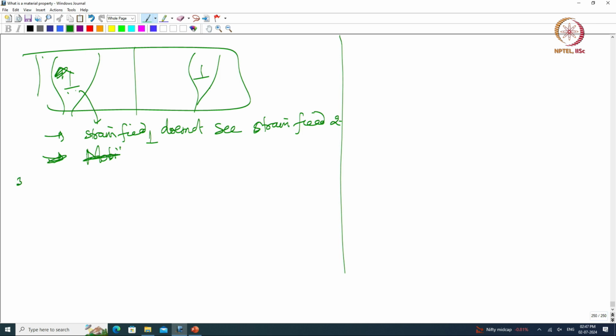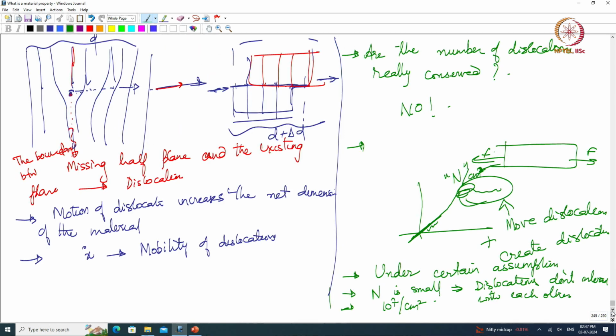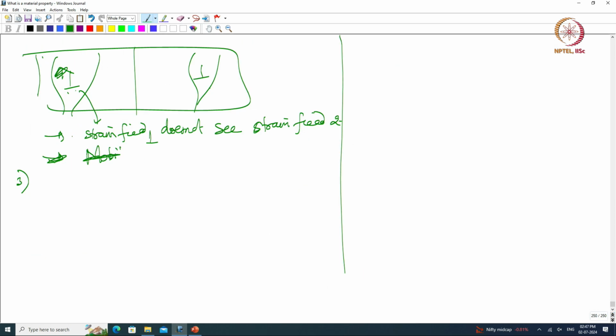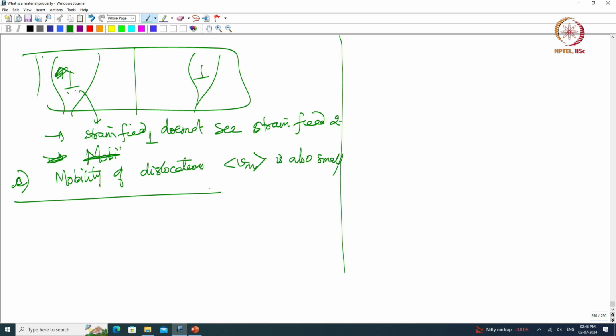Okay. The third factor that should work out for my assumption to be true, A, this is B. So, this is the explanation for B, and C is the mobility of dislocations, average mobility, I will just call this Vm, which is the velocity of dislocation or mobility of dislocation, is also small. Under these conditions, I can just assume that the dislocation number is conserved, and whether I talk about strain rate or velocity of dislocations, it means one and the same.